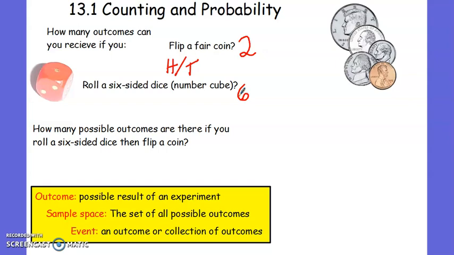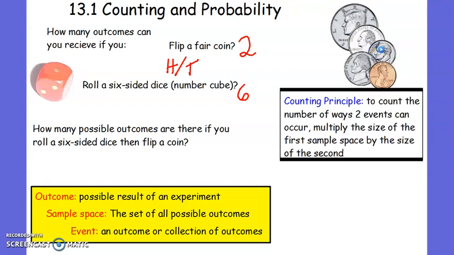Now, how many possible outcomes are there if you roll a 6-sided dice, then flip a coin? So we're sort of putting 2 events together. Now, we could draw this all out in various different ways, and we'll talk about one of those ways in just a second here. But one thing that we want to recognize is that there is what we call the fundamental counting principle.